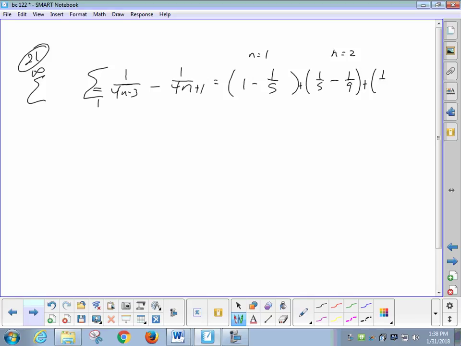I guess I could do one more. n equals 3 is 1/9 minus 1/13, and so on. So sum 1 is 1 minus a fifth. Sum 2 is 1 minus a ninth. Sum 3 is 1 minus a 13th. Our goal is to make a connection between the number of the sum and what's going on in the fraction each time.